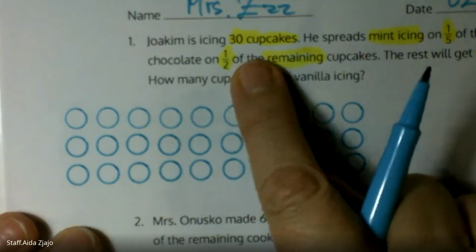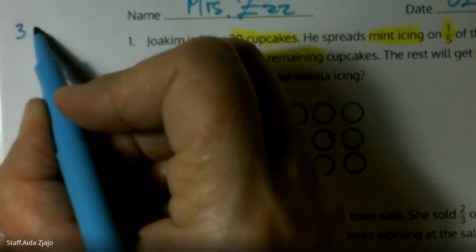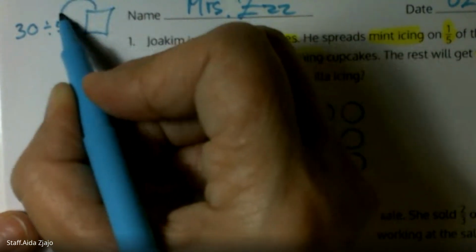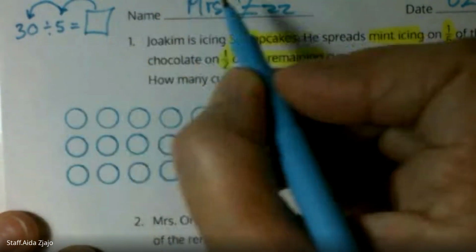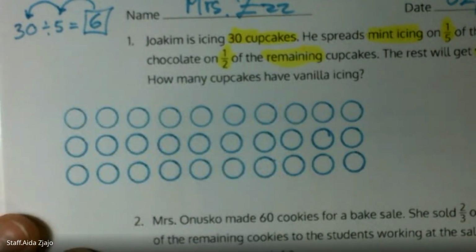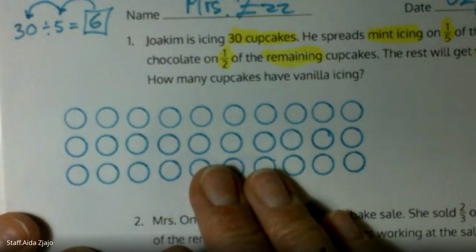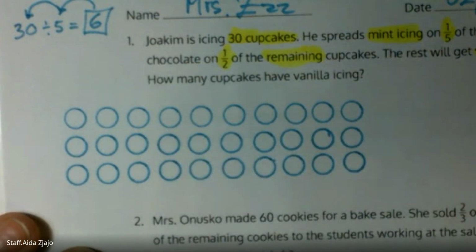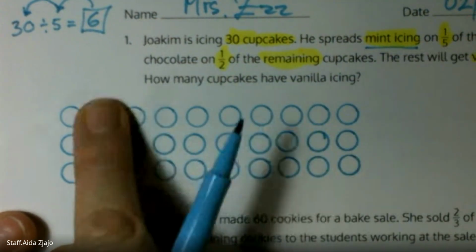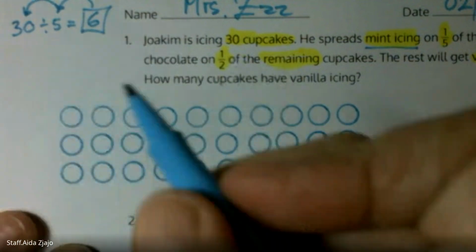So what is 30 divided by 5? What number times 5 equals 30? Of course it's 6. So if I want 1/5 of the cupcakes to be mint icing, he needs to sprinkle 6 of them.